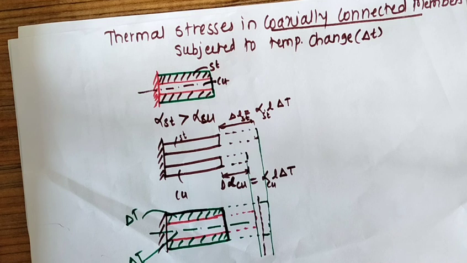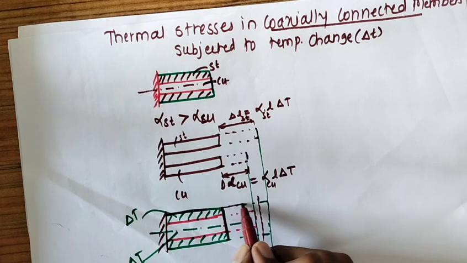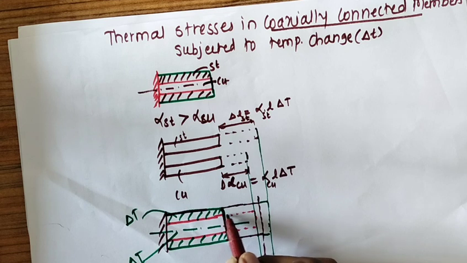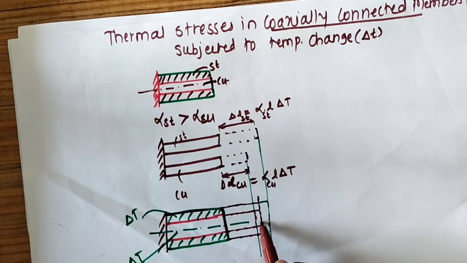What happened? The expansion of steel was lesser than expected, while the expansion of copper is more than expected. So we can see this one is your actual one here now. This is the expansion of copper and steel. Up to here it will reach. So coaxially connected members will expand up to this limit.